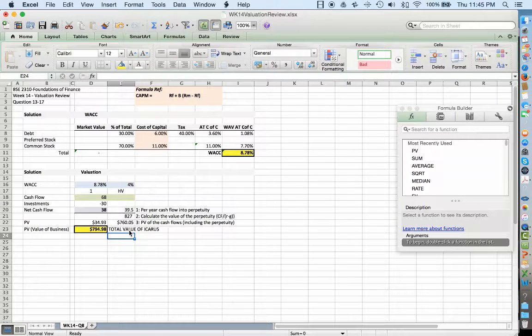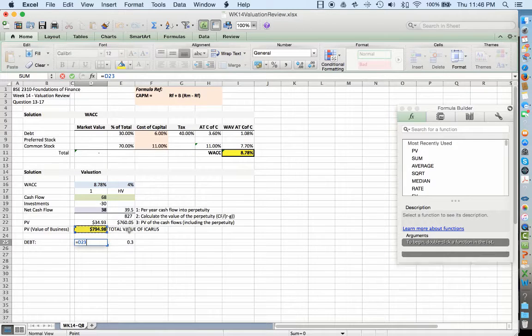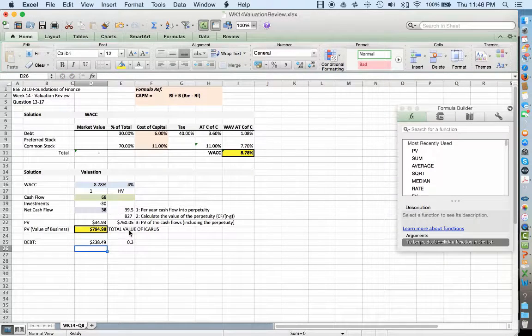Now, by the way, for those of you who are curious, if you want to calculate the equity value, what I would do is back out the amount of debt, which I know from above is 30% of the total. That would be 238, which would mean that the equity value is essentially what's left over.